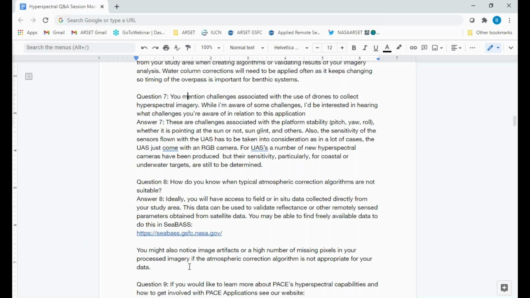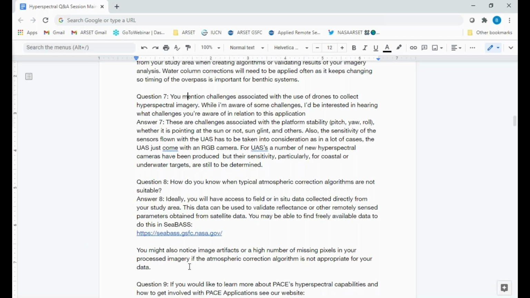As, for instance, in a lot of cases you're using commercial off-the-shelf platforms with what comes with them. They usually just come with an RGB camera, and for UAS in particular, there are a number of new hyperspectral cameras that have been produced, but their sensitivity, particularly for coastal or underwater targets, is still TBD, to be determined.